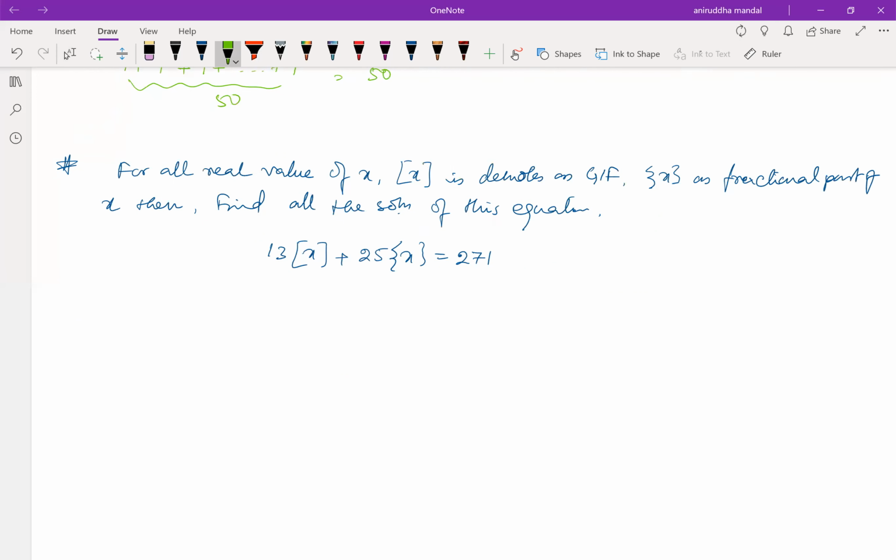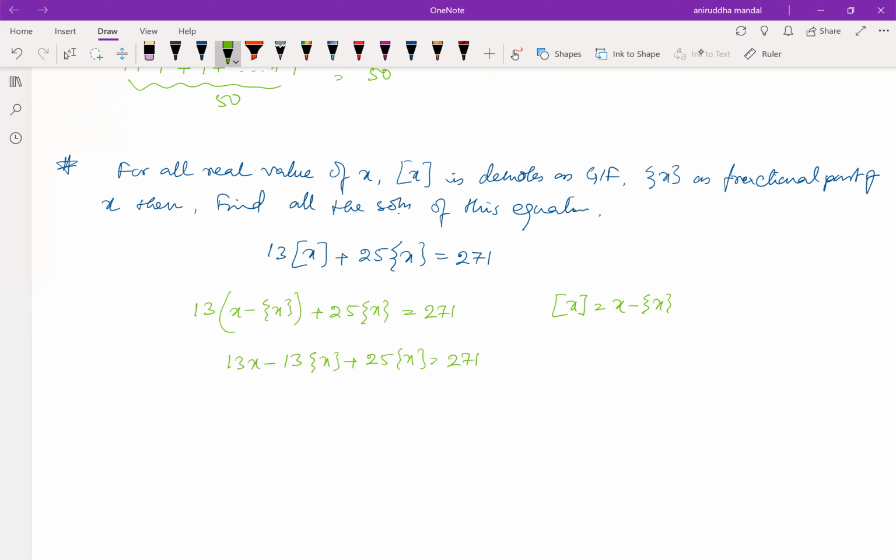So how we can proceed here is, we can write box x as x minus the fractional part of x. So we change this to 13 times x minus fractional part of x, plus 25 fractional part of x, equals 271. Okay, so we open: 13x minus 13 fractional part plus 25 fractional part equals 271.